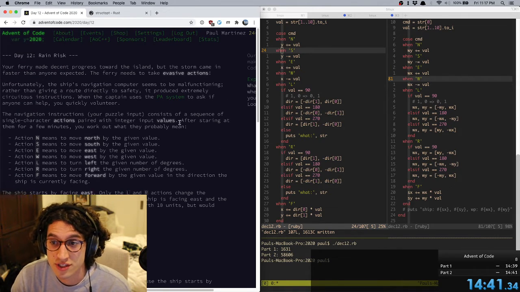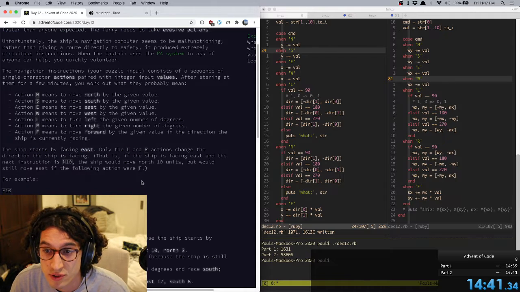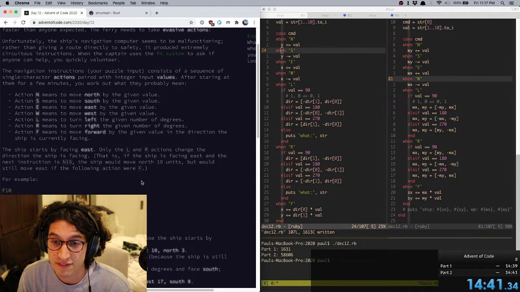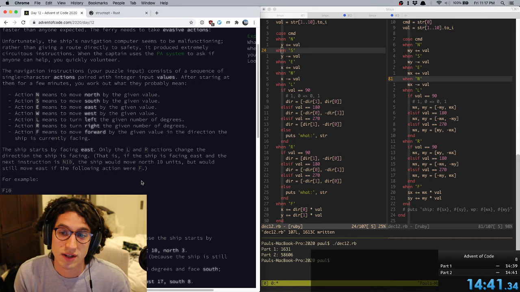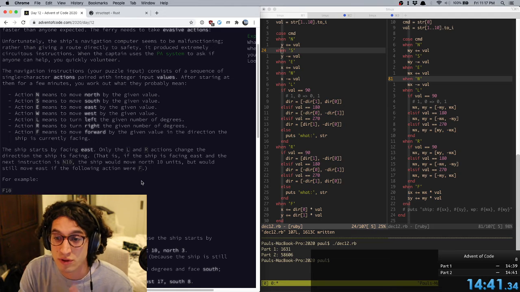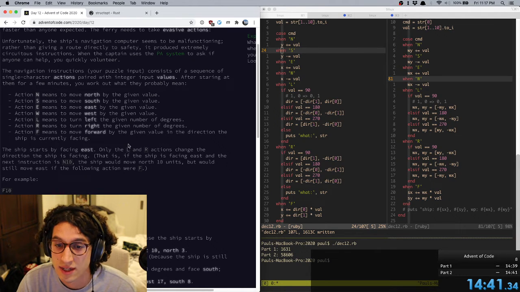Your instructions are a sequence of single character actions paired with integer input values. You work out what they mean. North, south, east, west: you move that far. Left and right means you turn, which direction you're facing. And then F means you go forward in that direction. The ship starts facing east.